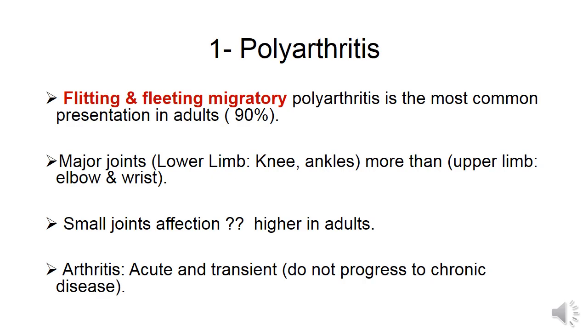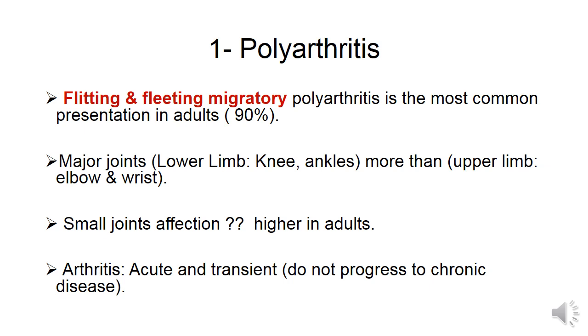Speaking first of all about adults suffering from a rheumatic attack or rheumatic activity, the first and most eminent symptom is polyarthritis. It is usually a fleeting and flitting migratory polyarthritis.